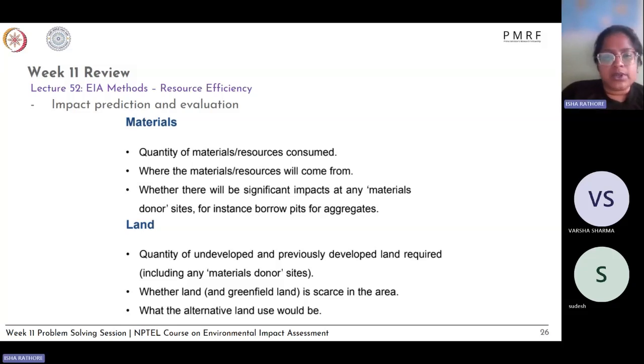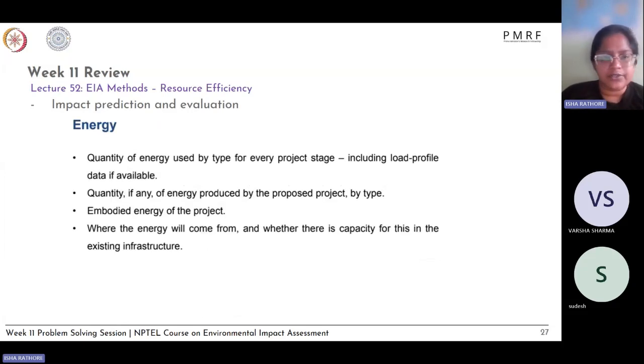Then for land, you look at the quantity of undeveloped or previously developed land required, whether land is scarce in that region, what other alternative land can be used, and things like that. Similarly, for energy, what quantity of energy is being used, and we also consider the embodied energy in the projects.